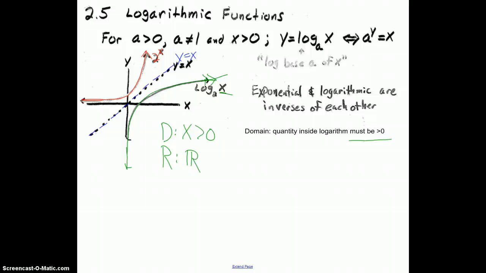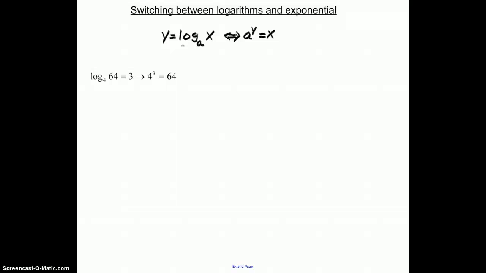All right, a logarithm function is written log base a of x. The base of the logarithm is the same as the base of the exponential function that it's the inverse of. Going between logarithmic and exponential expressions, the quantity that you are taking the logarithm of is the answer to the exponential function.